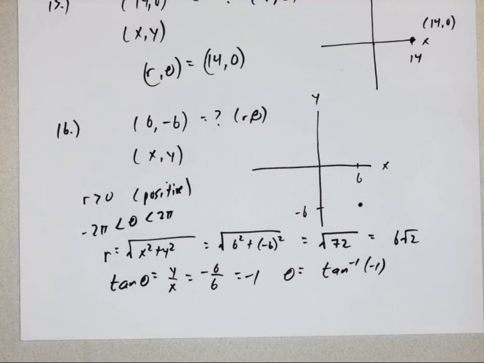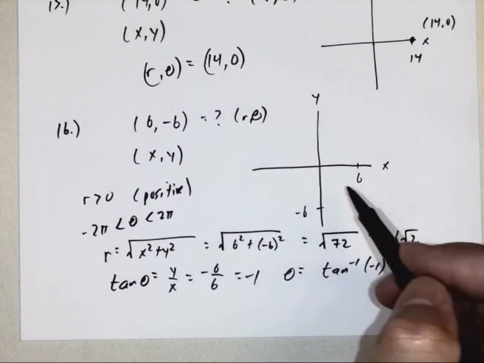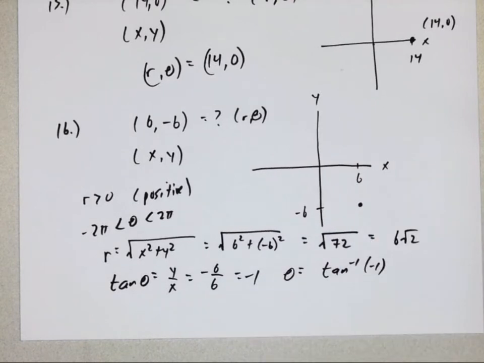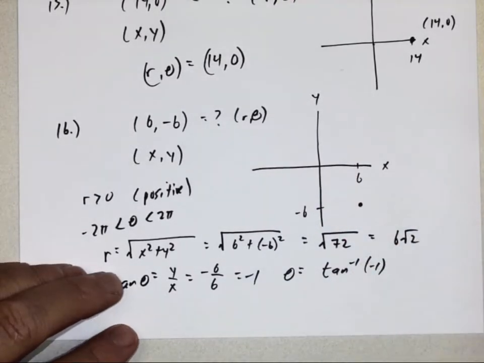Basically, I'm saying go find an angle where the tangent is negative 1. Tangent, once again, is sine over cosine. So where are the sine and the cosine the same, except opposite sign? That has to be in quadrants 2 and 4, and we can see we're in 4 here. So that makes sense. And this happens at the pi over 4 points.